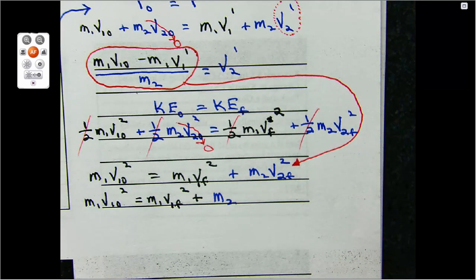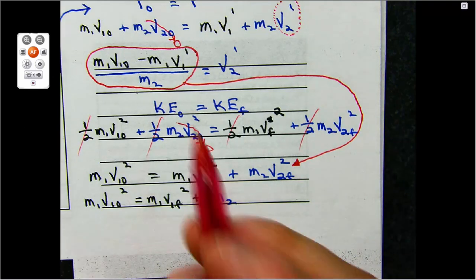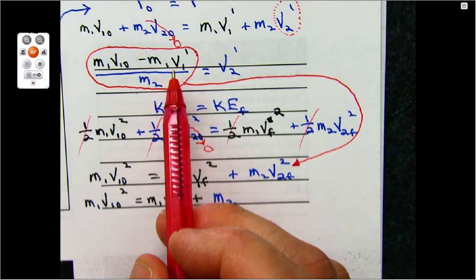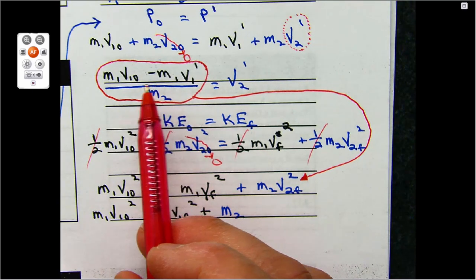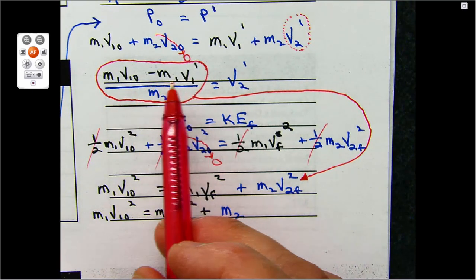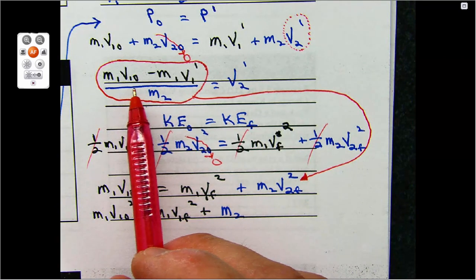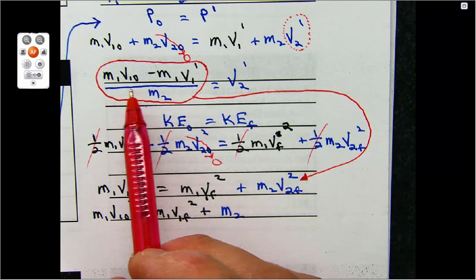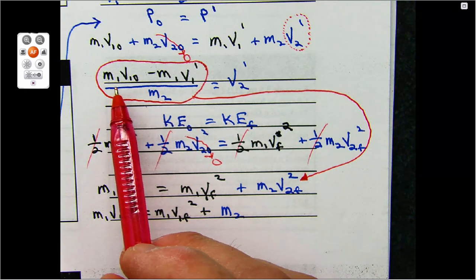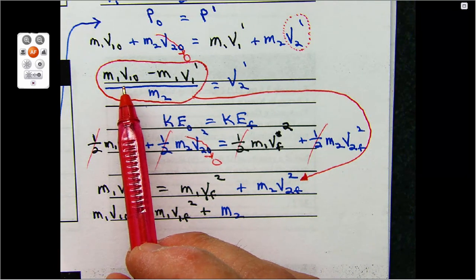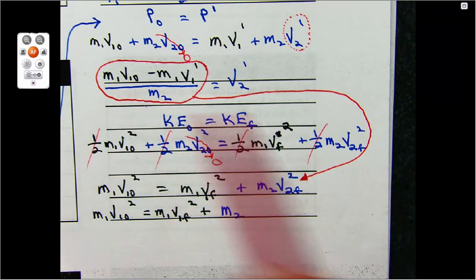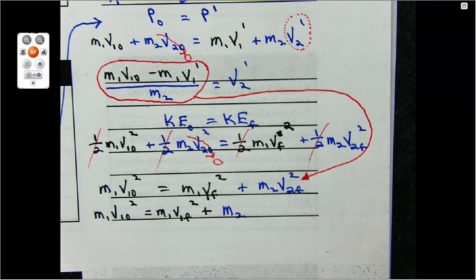Now, let's see if we can square this top expression. If we square this top expression, we've got to factor out an M1.